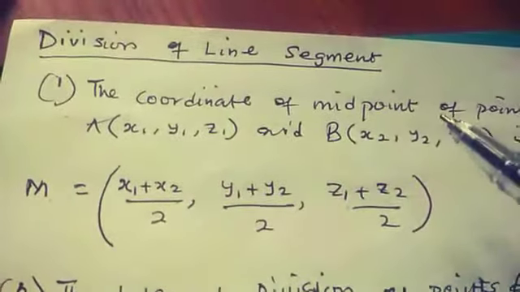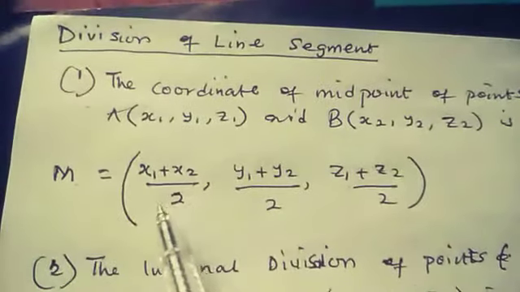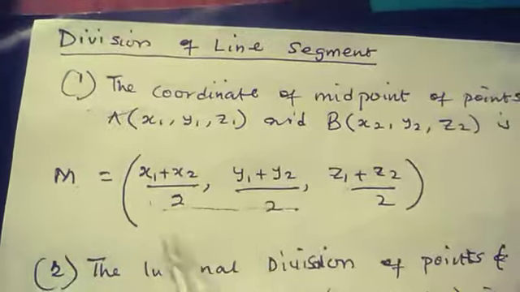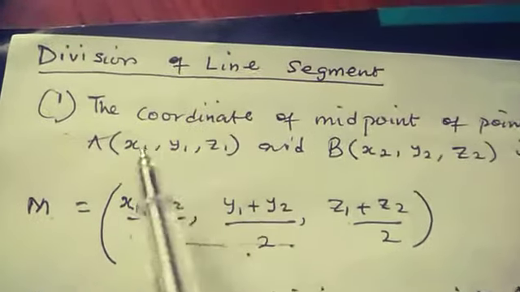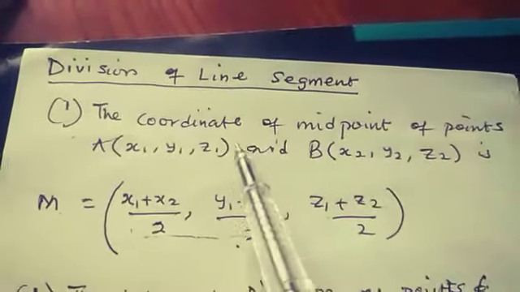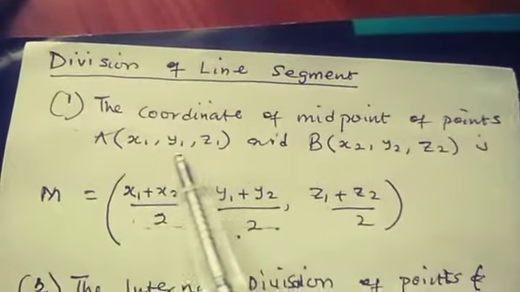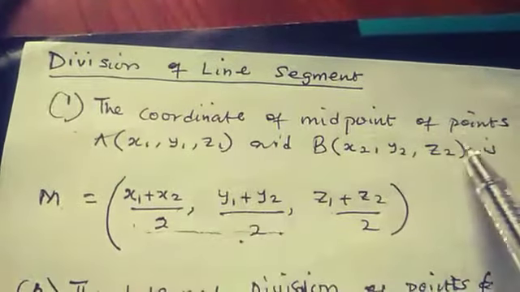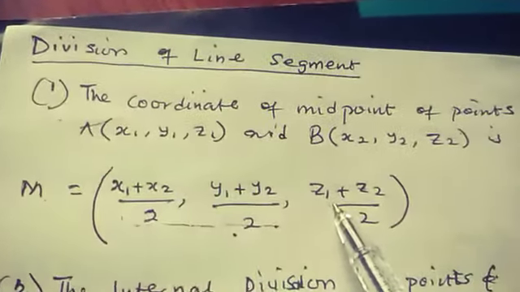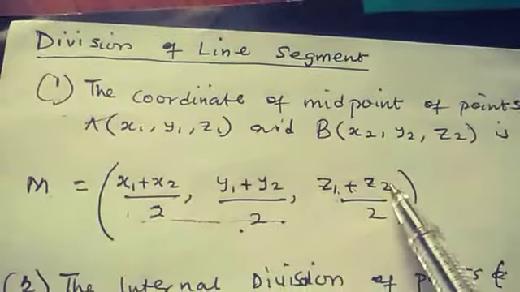Under the two-dimensional coordinate system, we stop here. But now for the midpoint in a three-dimensional coordinate system, we extend it to this, comma Z1 plus Z2 over 2.